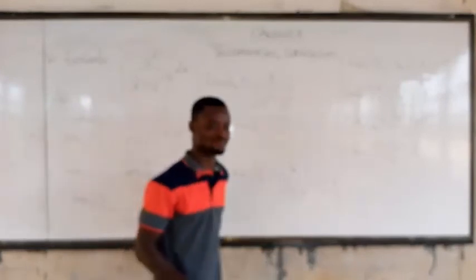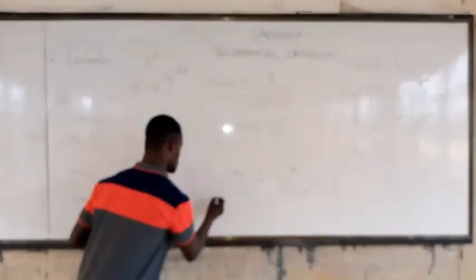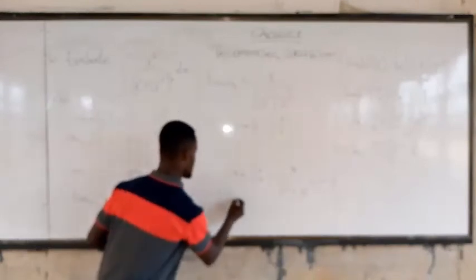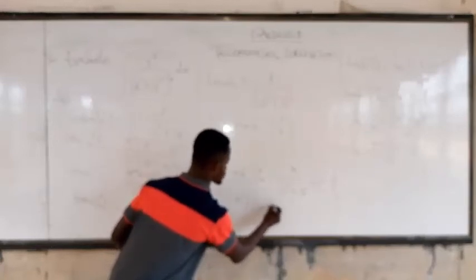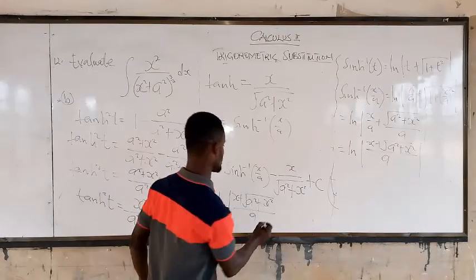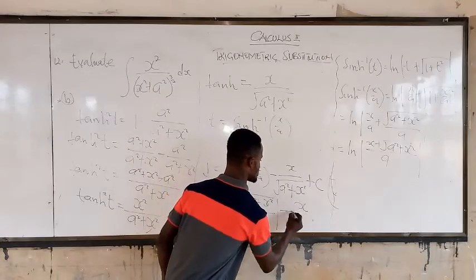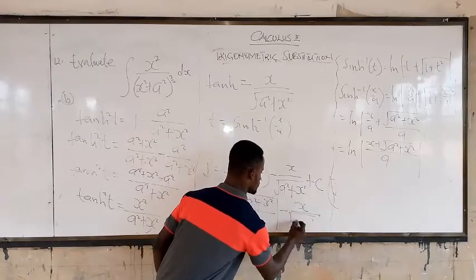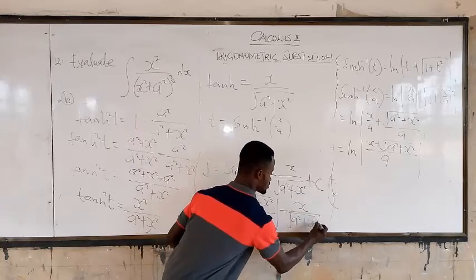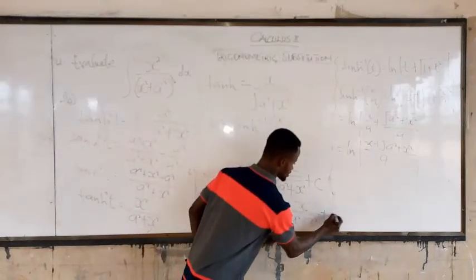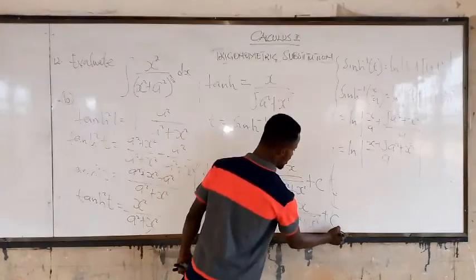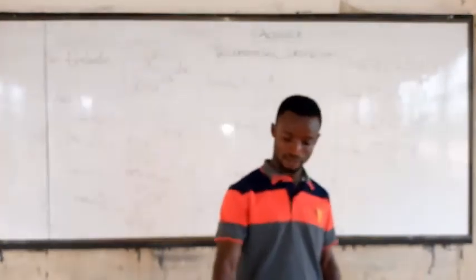Therefore, our final integral result is going to be s plus the square root of s squared plus a squared over a, minus s over the square root of a squared plus s squared, plus c. So that is going to be our final answer for that.